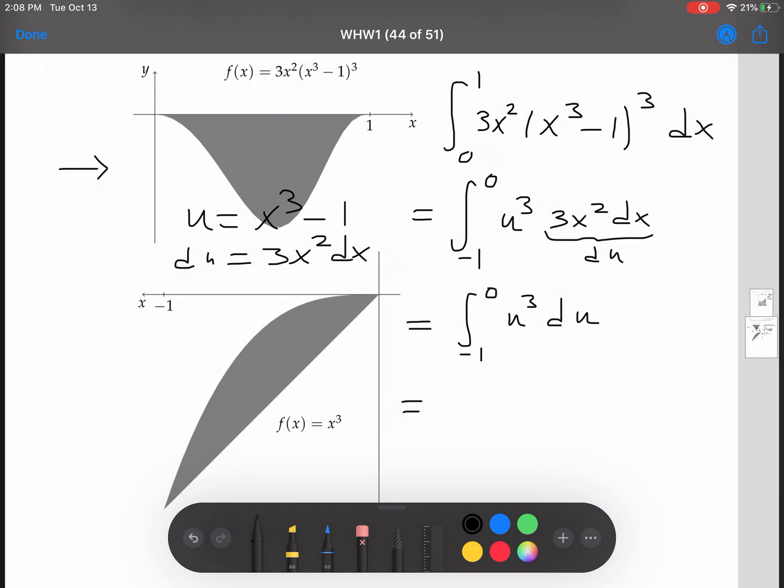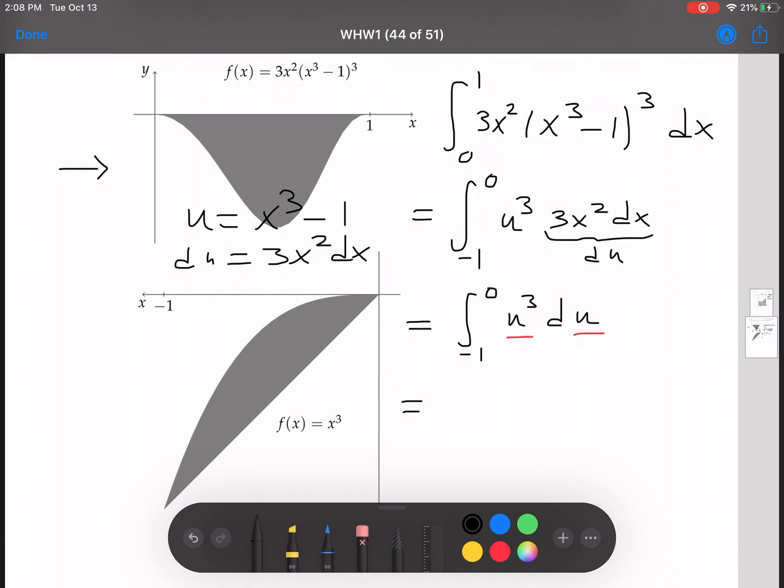All right, now this variable u here, that's really just a dummy variable. This is the same integral as if you made that into an x. So you don't have to actually compute anything. You don't have to actually find the answer.